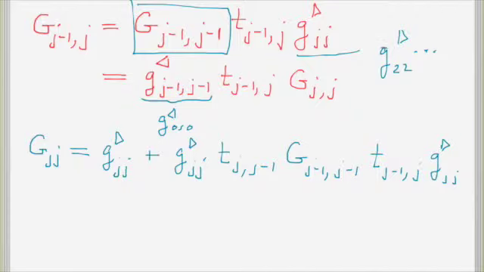So this is an exact expression given that you have this, and the starting point will be your G11, then you do this once and you have G22, et cetera, you move it across. There's not much you can do to simplify it.